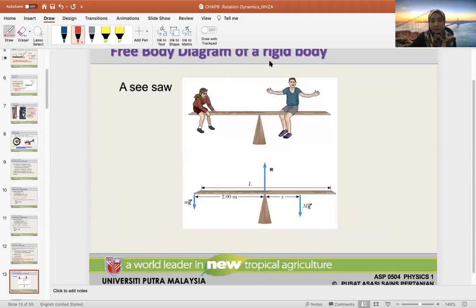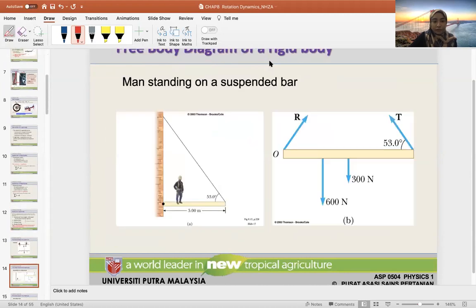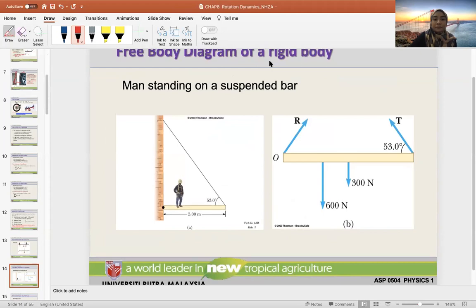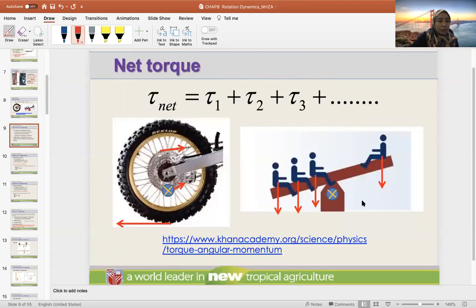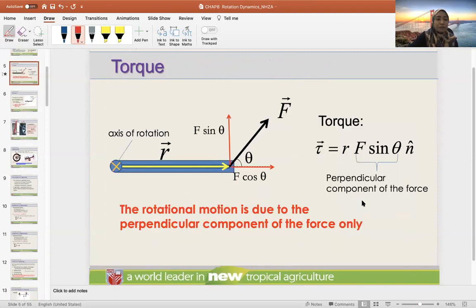Contohnya macam ni. For this particular equilibrium problem, the mg is taken note of. This is your mg. Kat sini, your mg is important because everything needs to be in equilibrium. But here, saya tak nak tahu dia equilibrium. Saya nak apply force berapa.